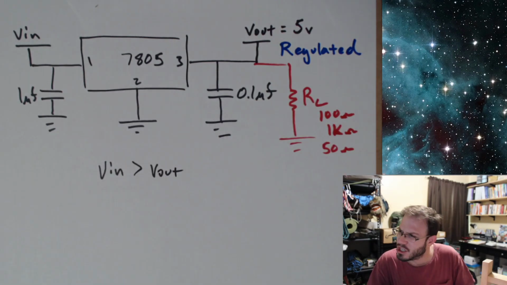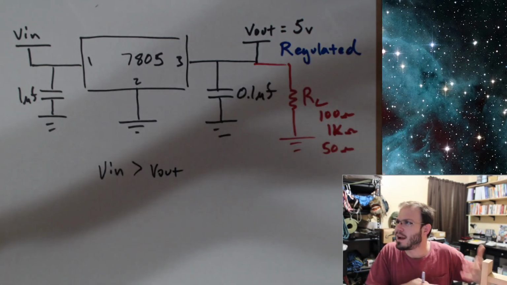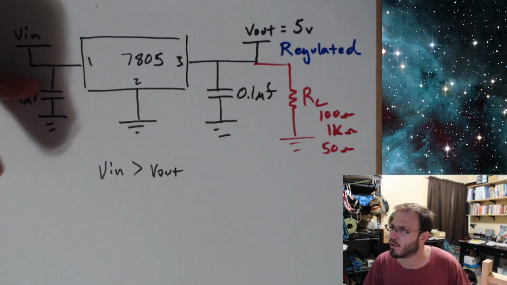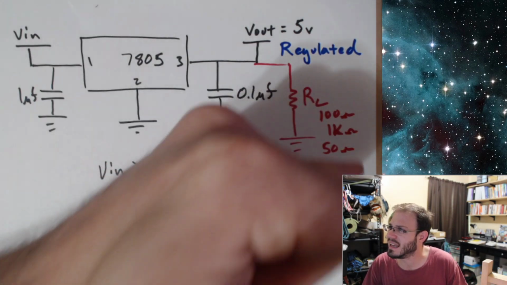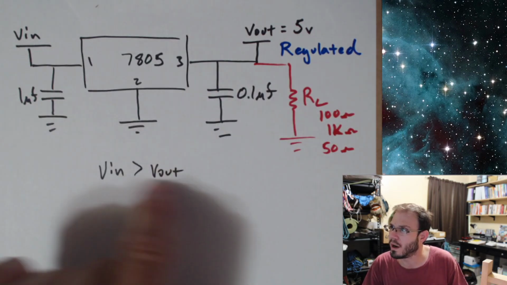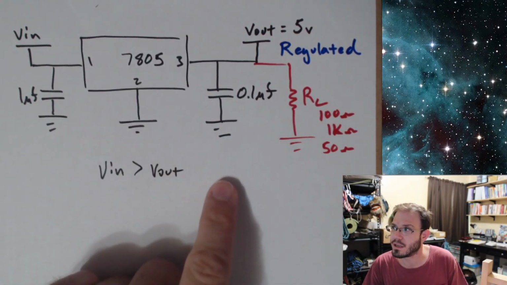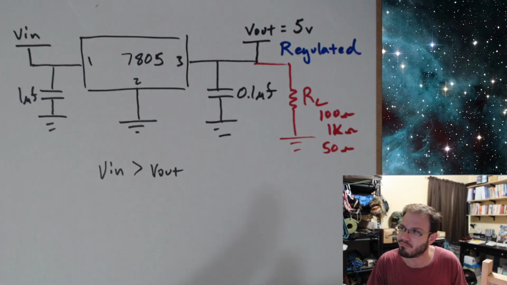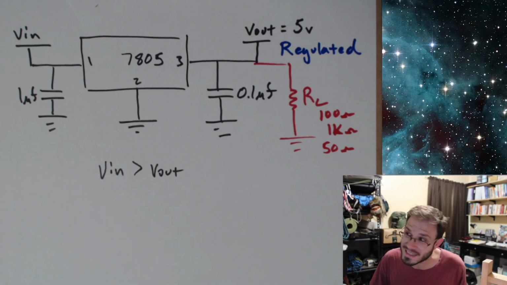And hopefully that should kind of make sense, because I'm never going to be able to regulate a voltage higher than what I got going in, right? If I get 5 volts going in, I can't make 10 volts out. Not with one of these regulators. There are ways to do that to boost the voltage. Those are more advanced power supply chips or designs.